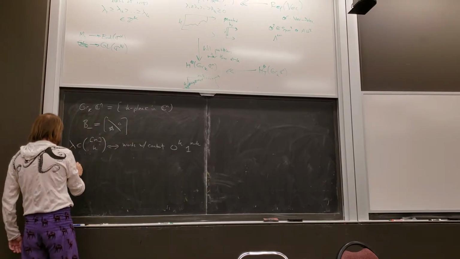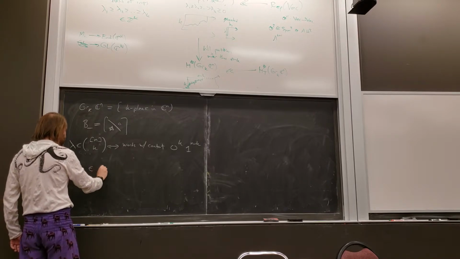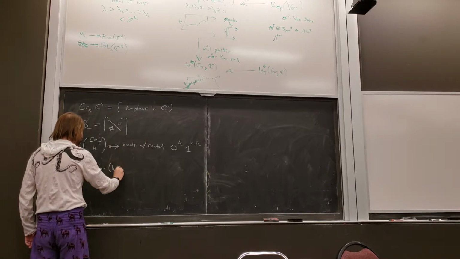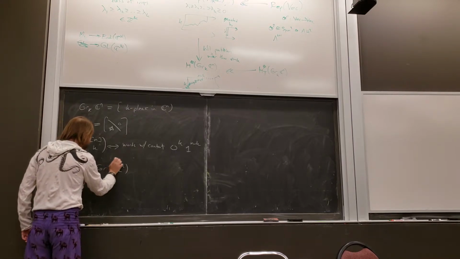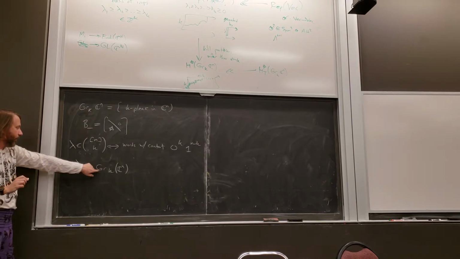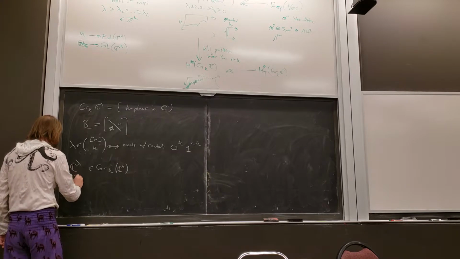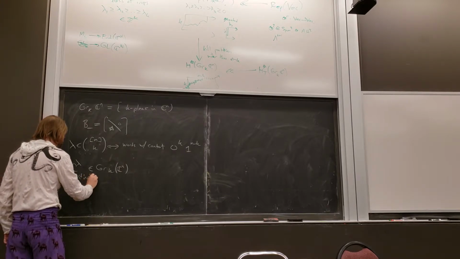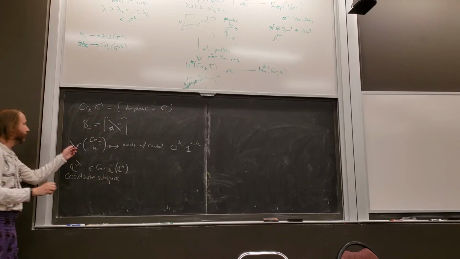And then I'll have C lambda be an element in the Grassmannian. I'll switch these things around all the time here. Which element I mean is the coordinate subspace that uses those coordinates.